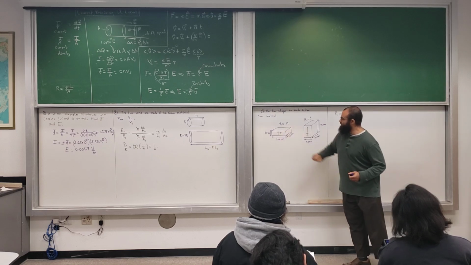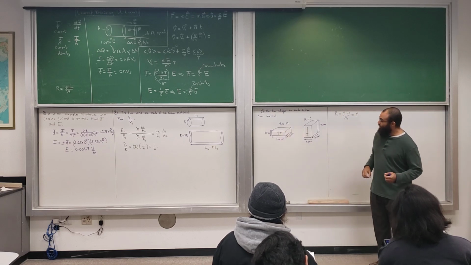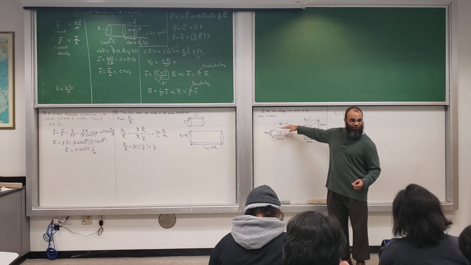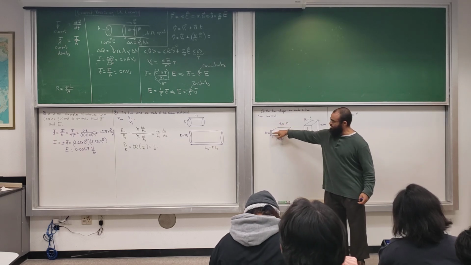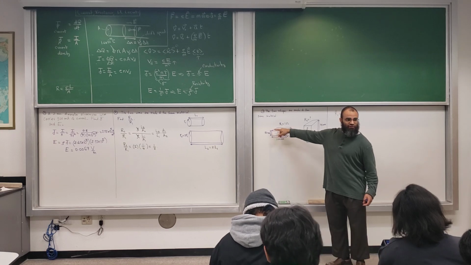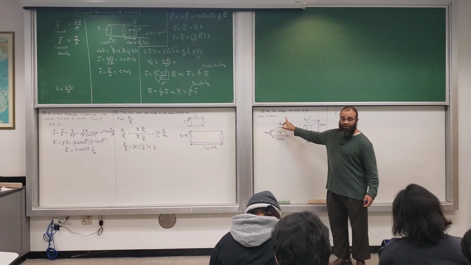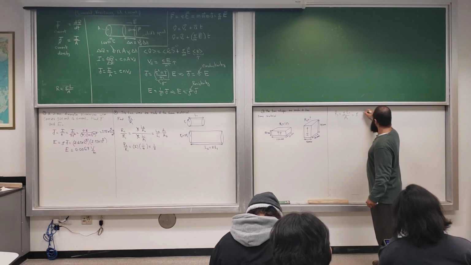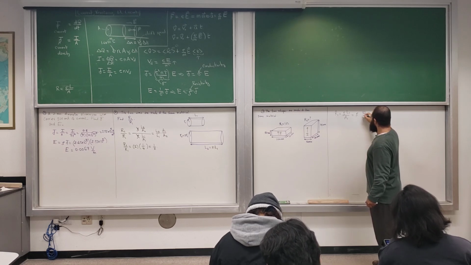The length is this one, the length along which the current flows. So it is 50 millimeters. Is that clear? For this one, the length is 50 millimeters.